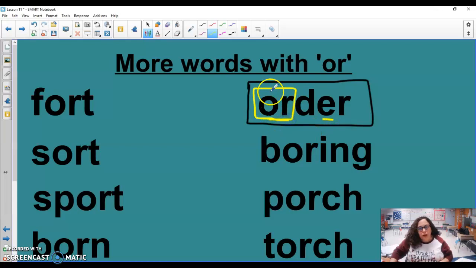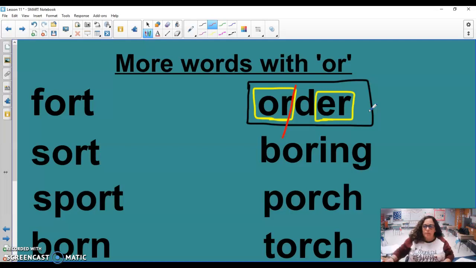So even though there's one vowel, this vowel is going with the R though because this vowel is not saying ah and it's not saying O, it's saying or. And the same thing with the ER. The E is not saying eh and the E is not saying E. It's saying er. But this still has 2 syllables. It's order. Let's clap it.